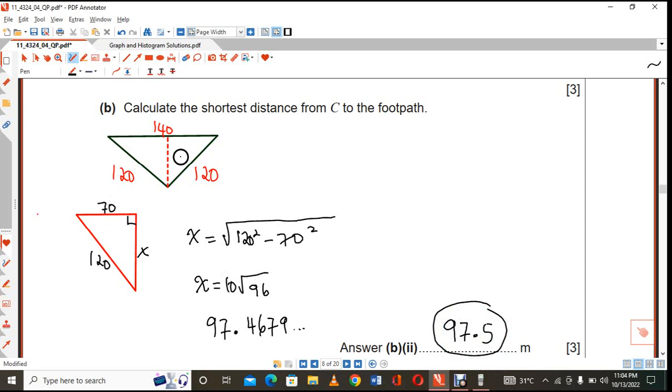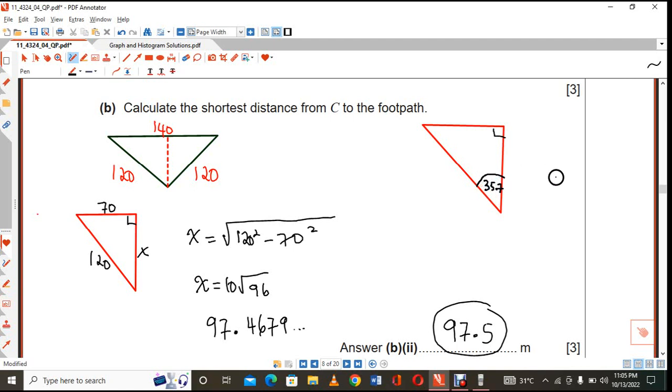Of course, there are many ways that you can do this. If you were looking at this triangle, you could also say, well, I have a different way. Here's my triangle, for example, and I know that that's 90 degrees. I know that this angle here is 35.7.